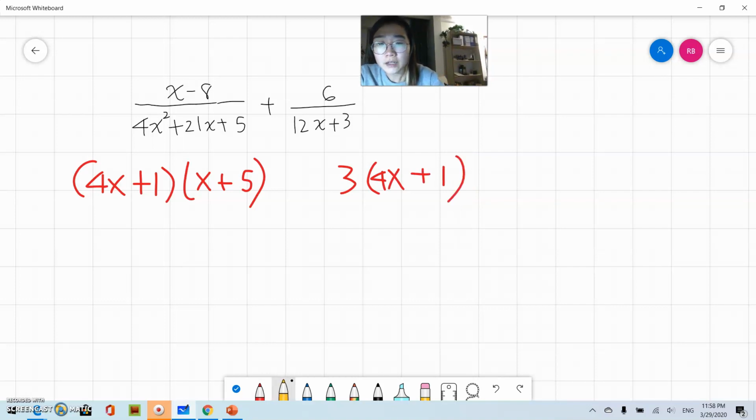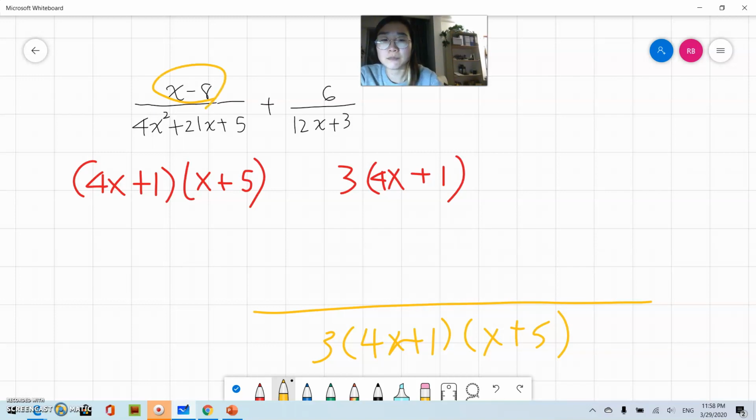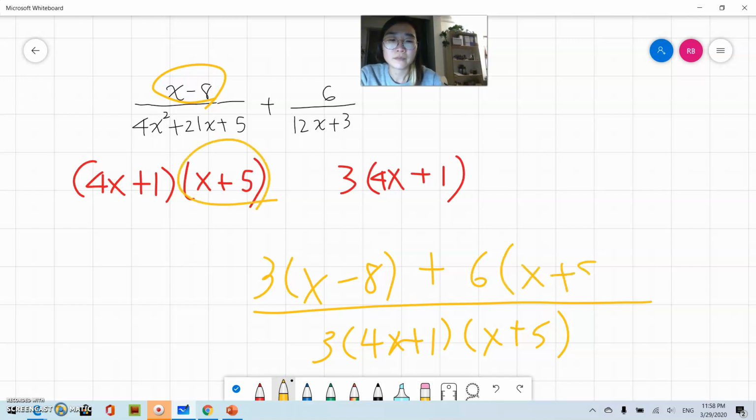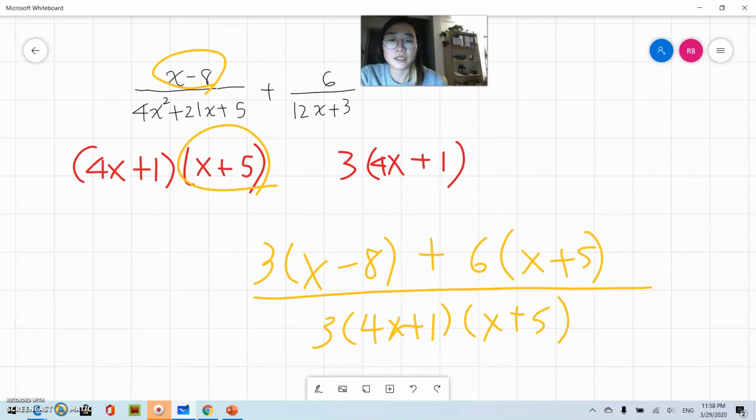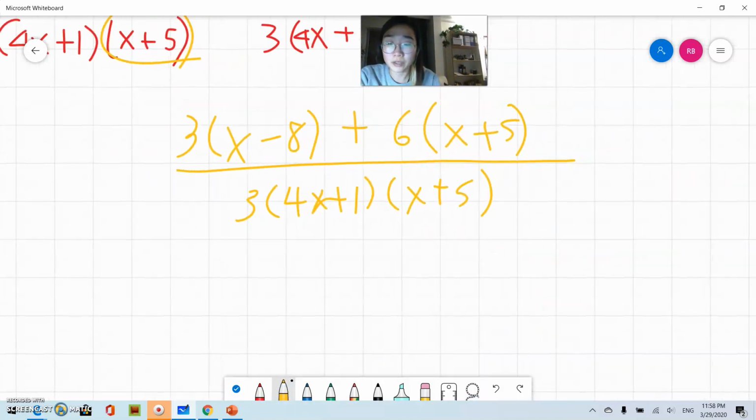Again, my common denominator is 3 times 4x plus 1 times x plus 5, and you can tell from the first fraction, it's missing 3. And then from the second fraction, it's missing x plus 5. And so we just distribute the top, not the bottom. So 3x minus 24 plus 6x plus 30.